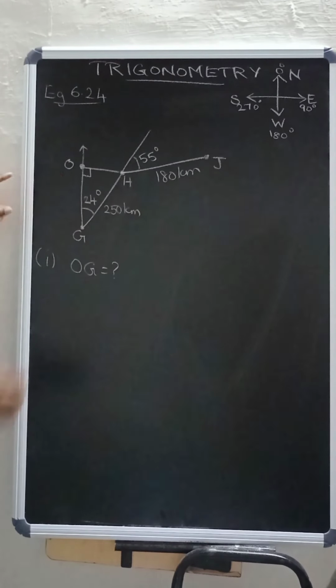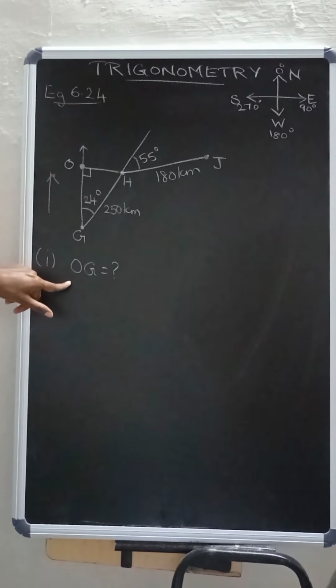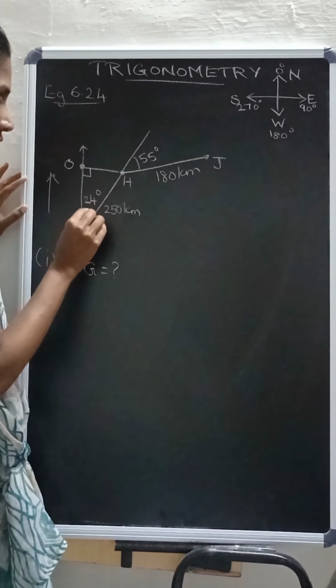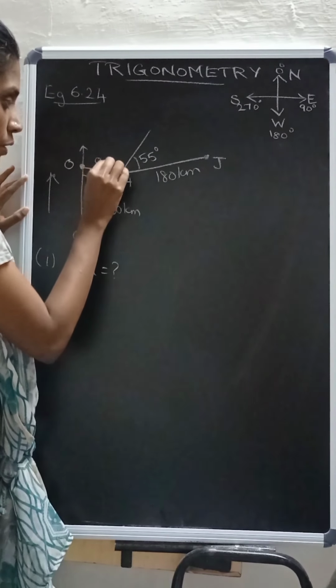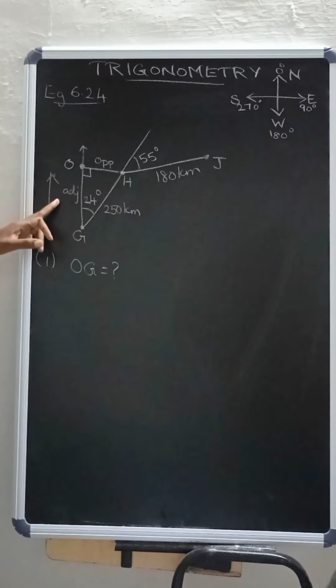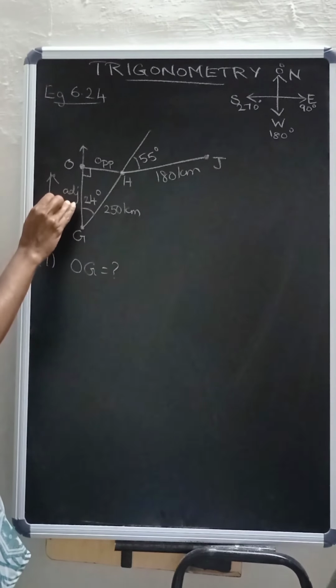So this is the north side, and we need to find the distance OG. Now here you have theta. So this is opposite and this is adjacent. And now you need to find the adjacent side.